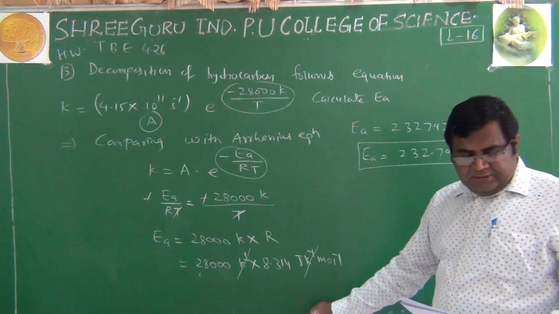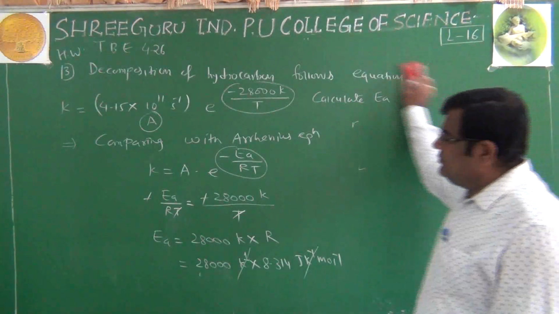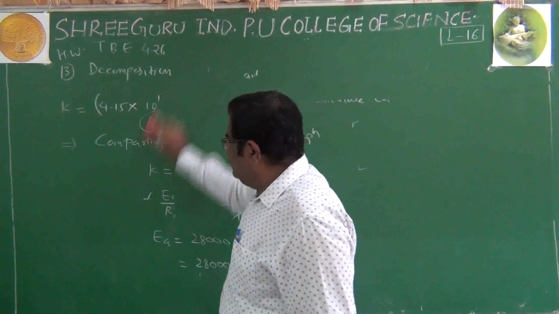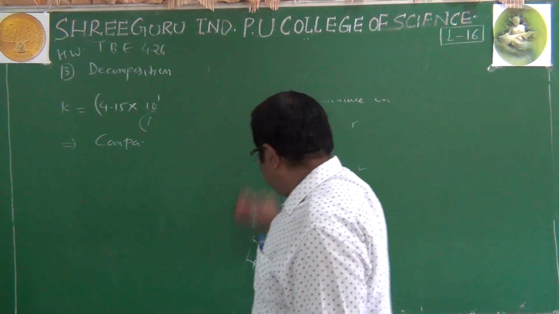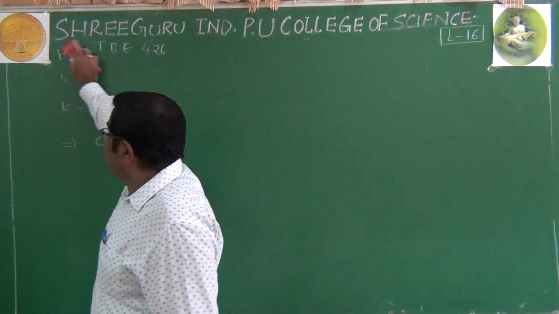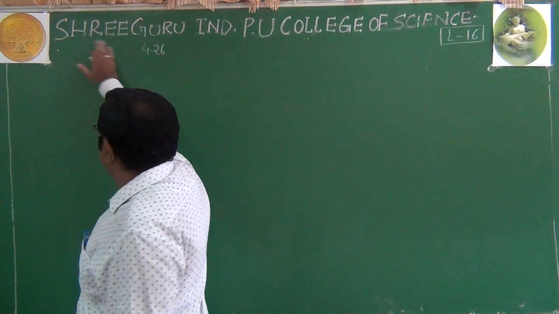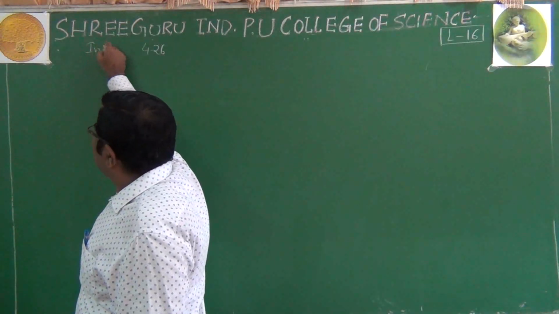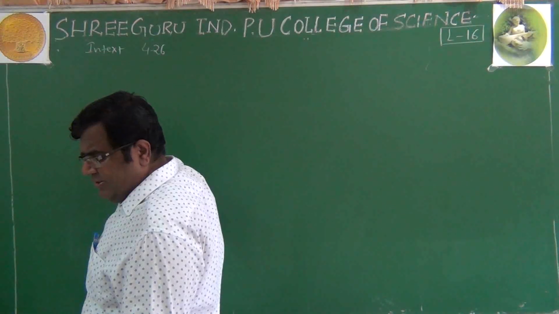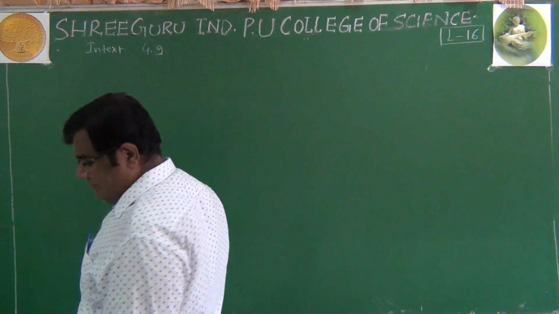It is question number 4.9 in the textbook. We are solving those which are given in our textbook first, because they are important for us. Almost all questions are solved in the textbook.